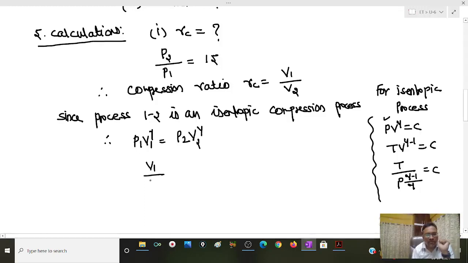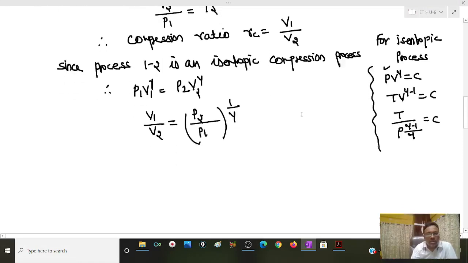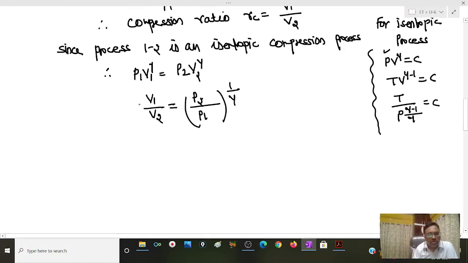Therefore V1 by V2 can be written as (P2 by P1) to the power 1 over gamma. Now let us put the value of this ratio.